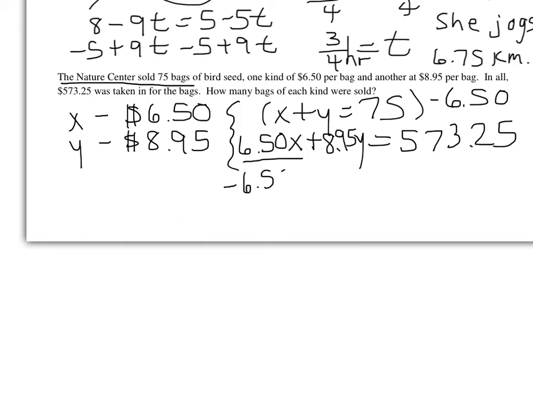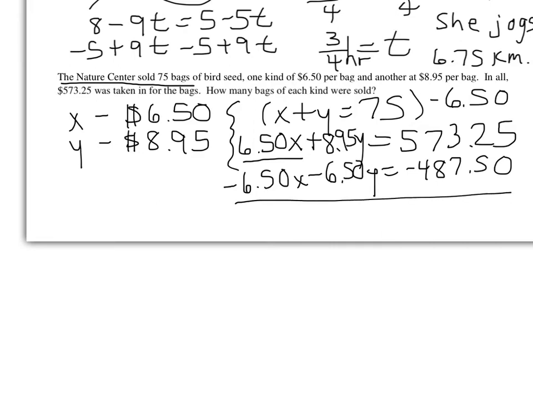Negative 6.50x minus 6.50y equals, we need to multiply negative 6.50 times 75. Negative 487.50.